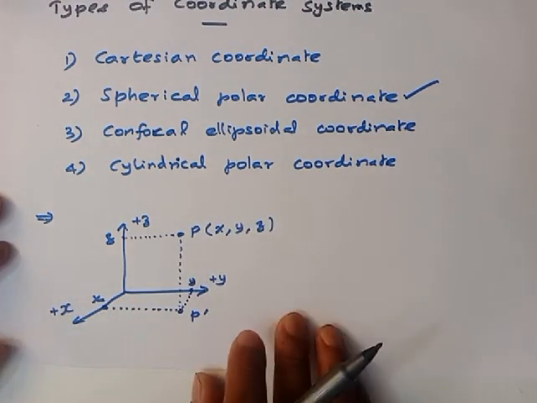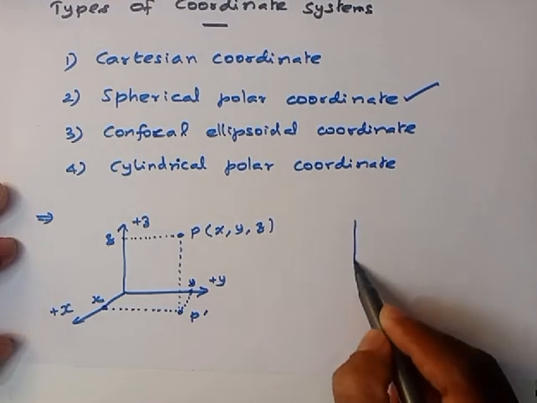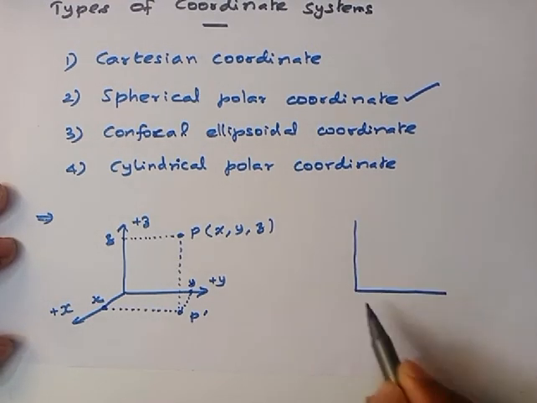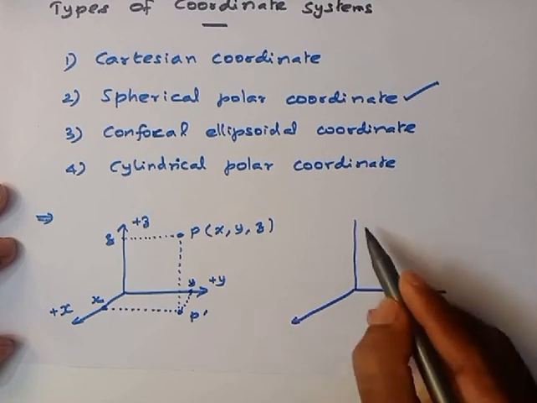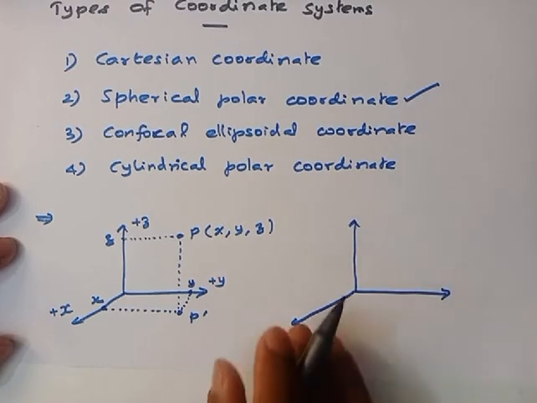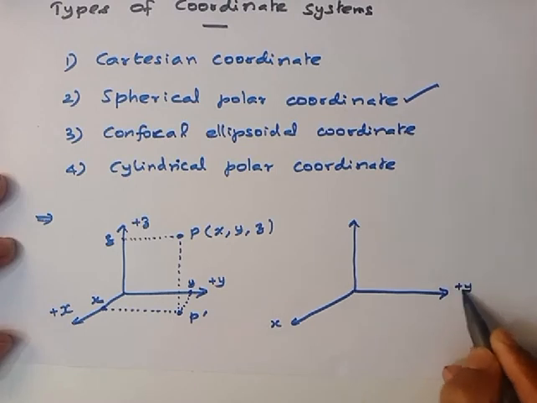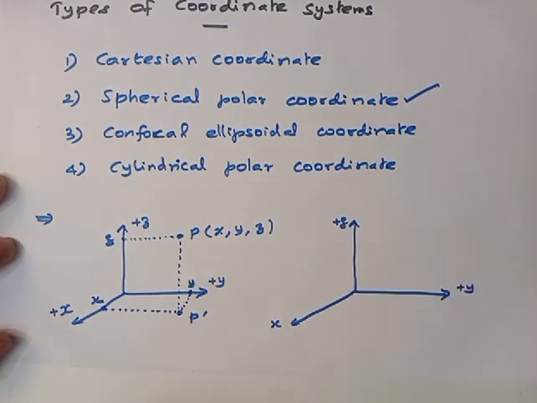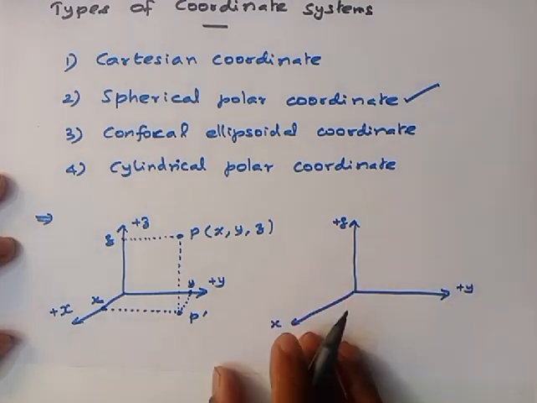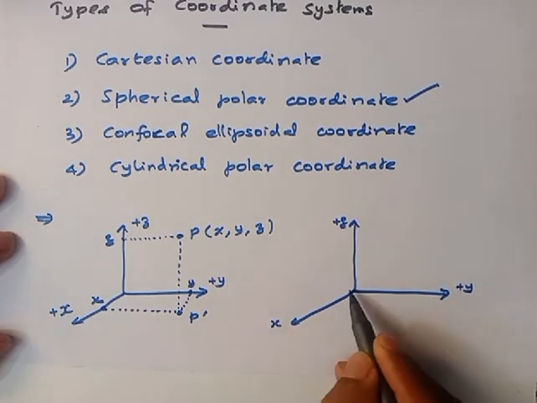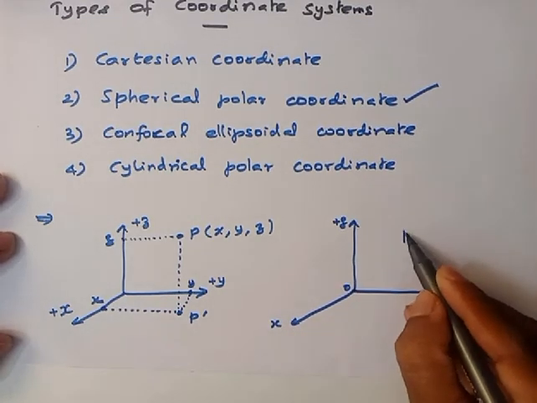One more piece of information I would like to give here. In quantum mechanics, we usually find a volume element. What is the volume element in a Cartesian coordinate space? This is the origin. Suppose I take a small volume element here.